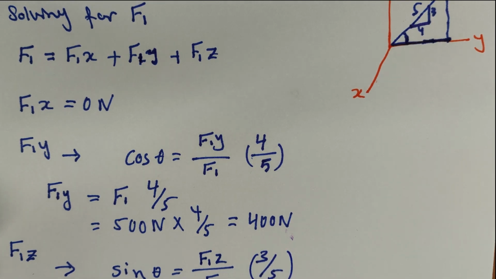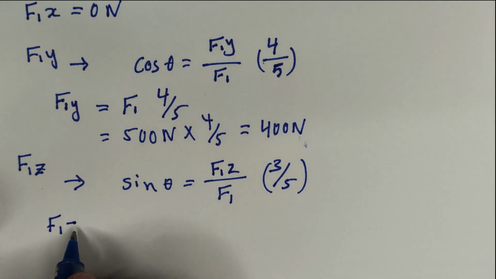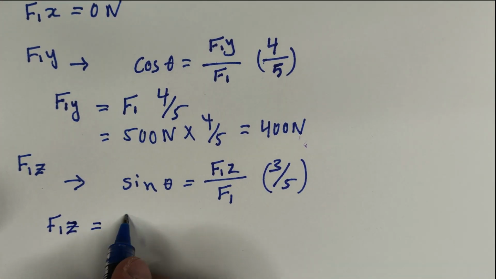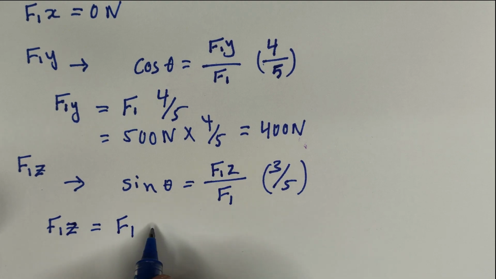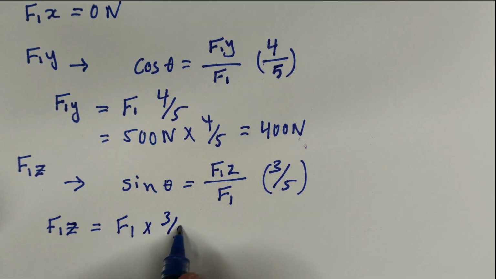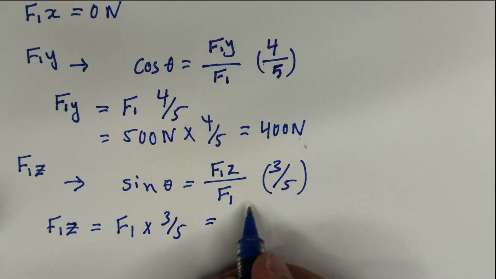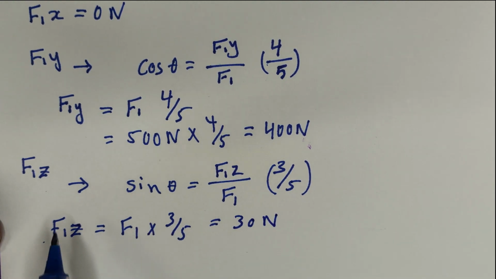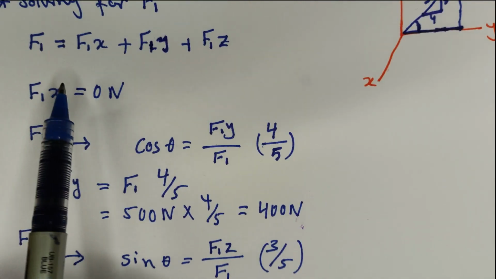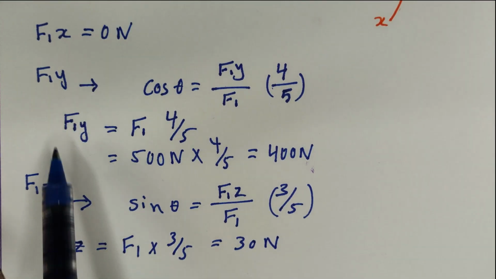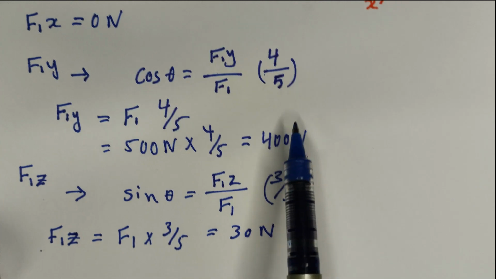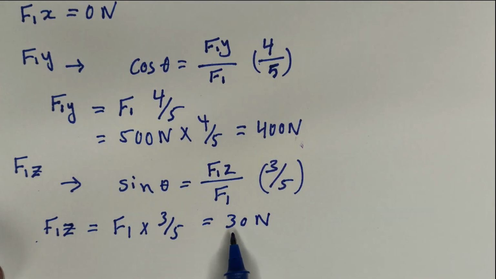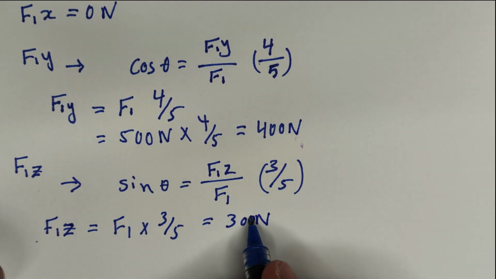Therefore, F1 on the Z direction equals F1 times 3 over 5, and that is equal to 300 Newton. Now I found all the components for F1. On the x-axis is 0 Newton, on the y-axis is 400 Newton, and on the z-axis is 300 Newton.